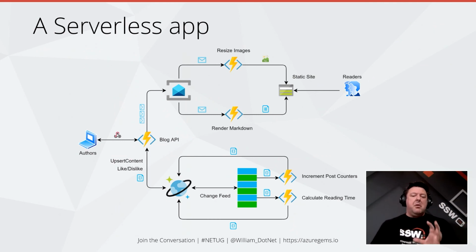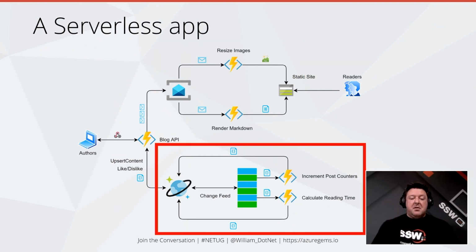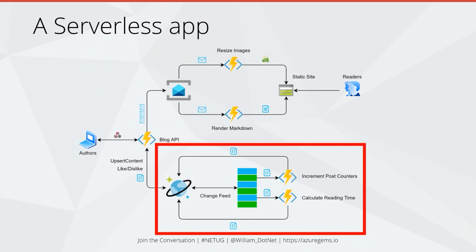But what I'm going to show you is how we deal with resizing images and rendering the markdown once new content has been added to the blog, and how we then take care of the number of likes on our posts. And once there is new content, I can run another function that works out the average reading time for that content.